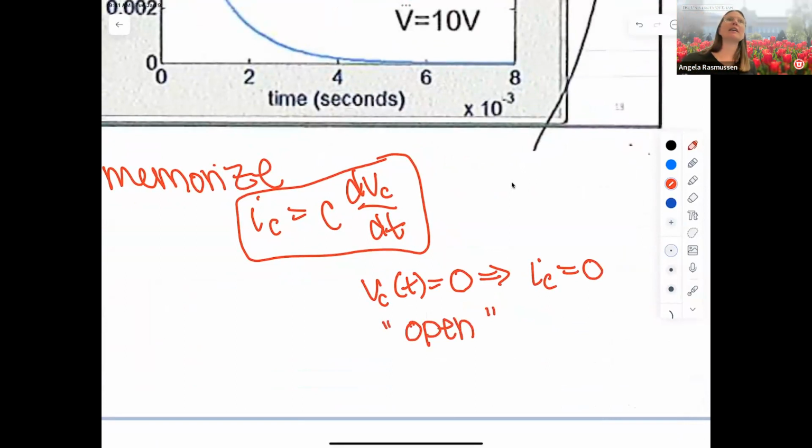So if you forget how to model this, you memorize that equation, and then you look at it again and ask what happens when it's sat for a long time. I have no more change, so that derivative has to go to 0.